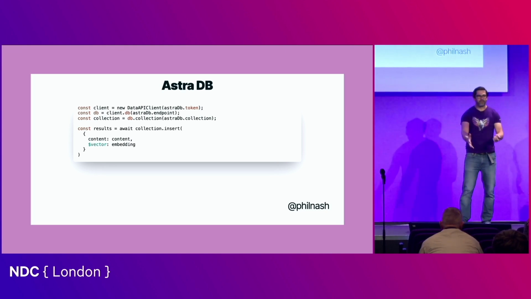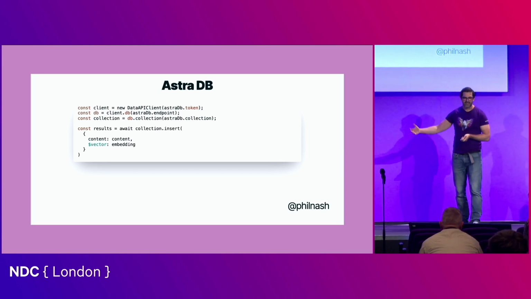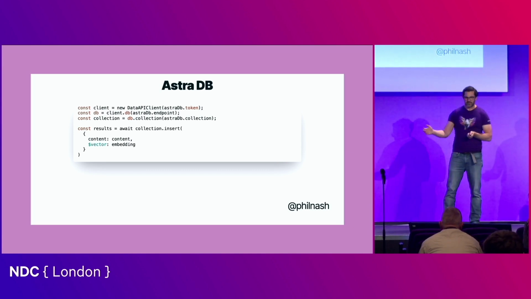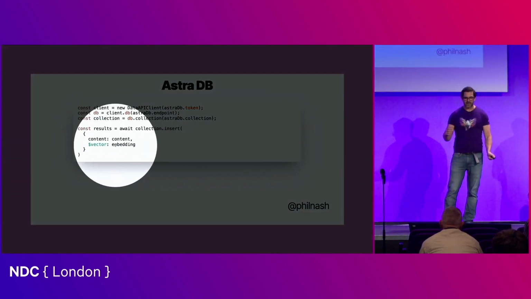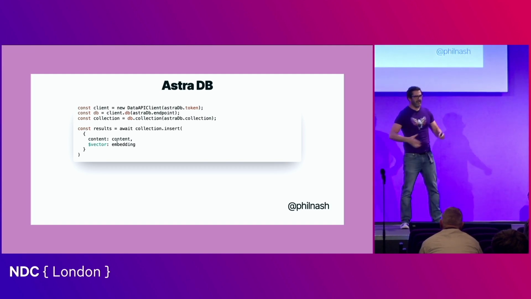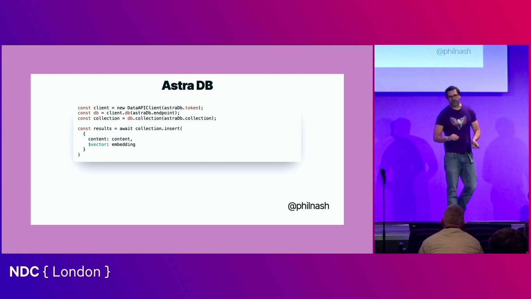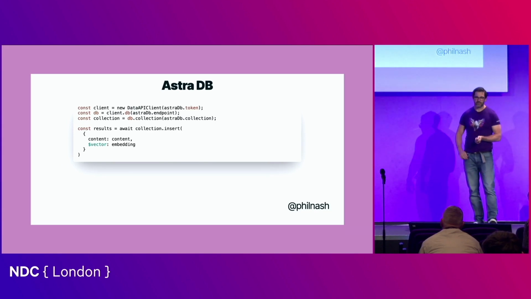In this particular example, if you want to add a document and some vector embeddings into AstraDB, you can do so by just taking a collection and inserting both the content and using the special $vector property and passing in that list of numbers. That will allow you to then do a similarity search on that vector column based on content.